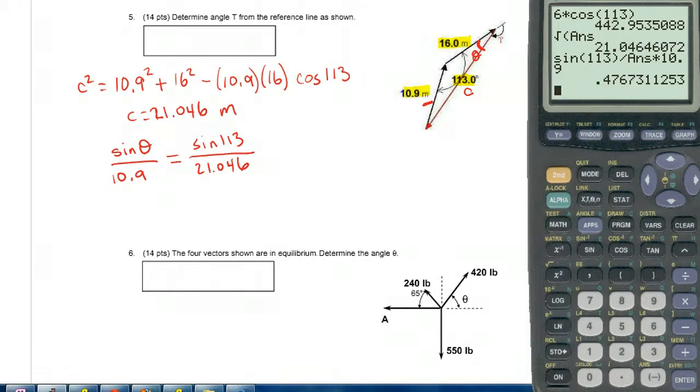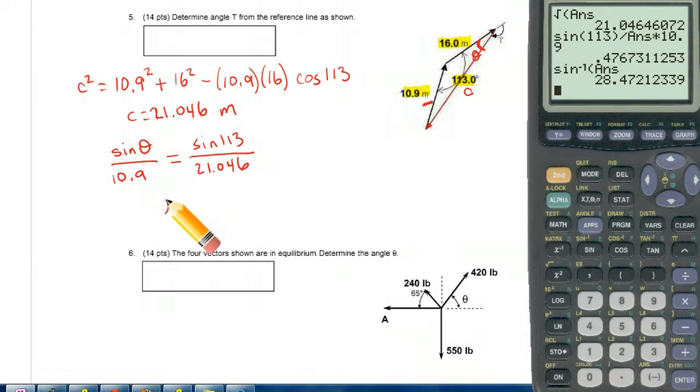That's the sine of theta. So I'll do the inverse sine of that answer, and I get 28.5 degrees. Based on everything else, the figure is drawn about to scale, so that looks like a reasonable answer.